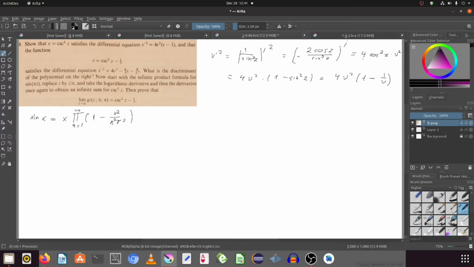Oh, this should be squared. Which I did. Sine to the second, that's v squared. So if we multiply one v in there, we get this.